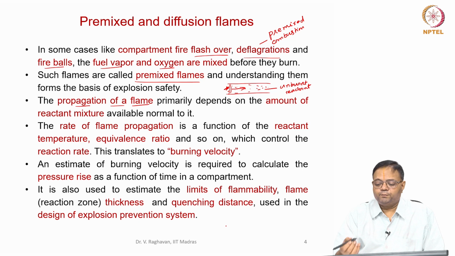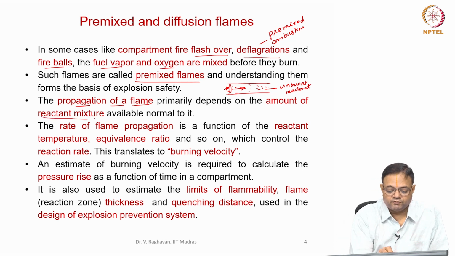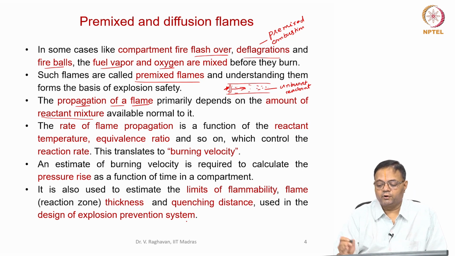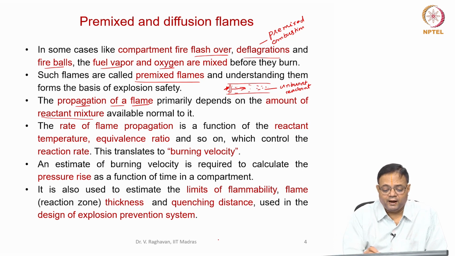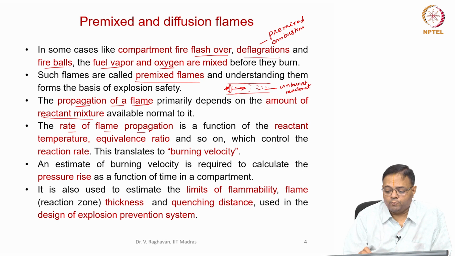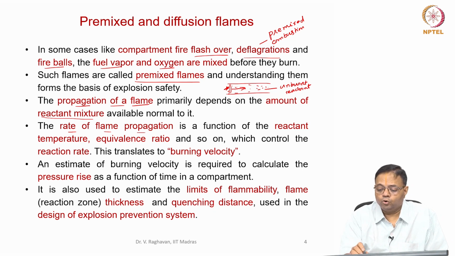Okay, and this depends on several factors. For example, the amount of reactant mixture which is available when it propagates, the temperature of the unburnt reactant mixture, and the heat losses which occur from the passage, and so on. So, the rate of flame propagation through the reactant mixture depends upon the reactant temperature and the condition of the reactant mixture itself, say the equivalence ratio.